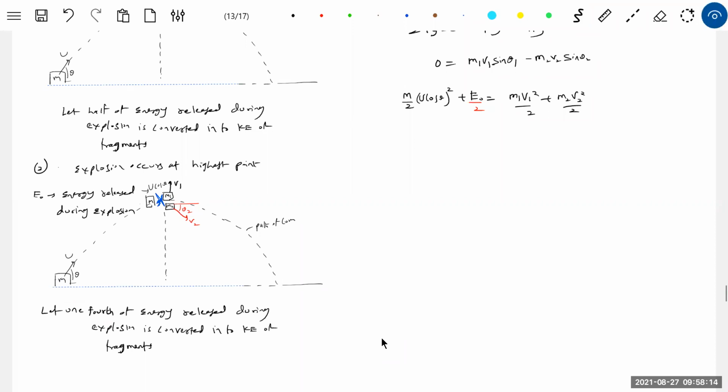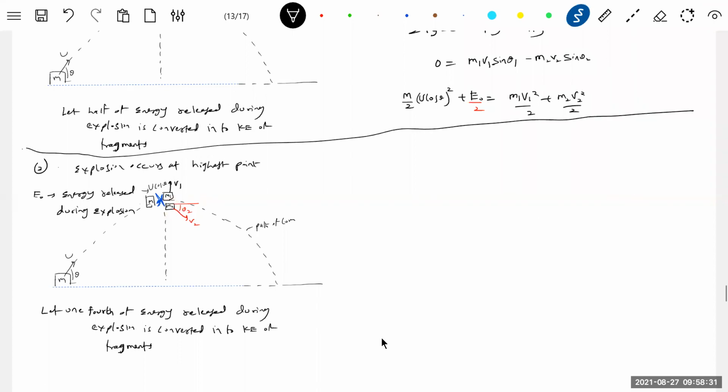How must the other fragment move? Not vertically down, it should move in a plane, because initially there was momentum along the x-axis. Final momentum along the y-axis should be 0. So now what is the equation you are going to write? Net force along x-axis is 0.